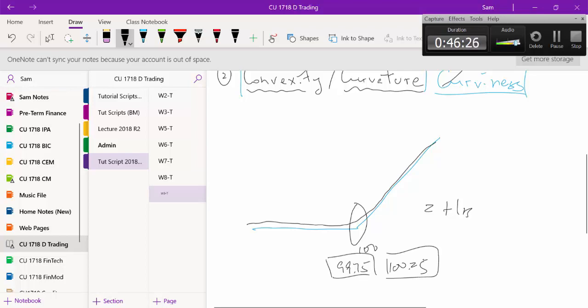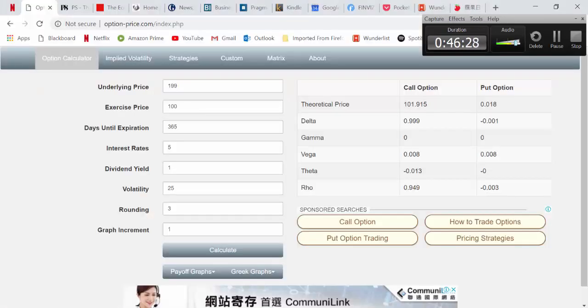Well, actually, I can show you. So days until expiration, I can't put that as 0, I think it'll blow up, so 0.001. Okay, so very, very short time. And I'm going to put the underlying price at 99.75.